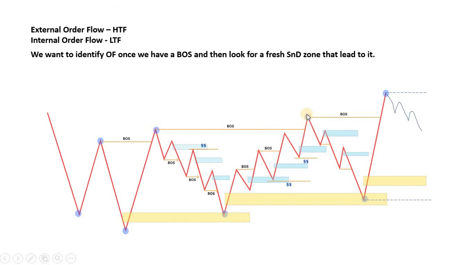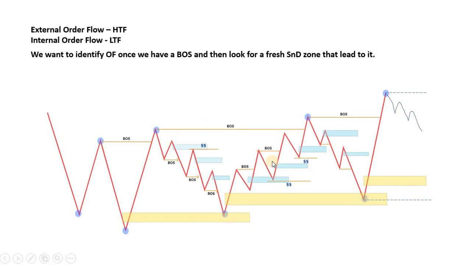Then we have another bullish break to form a higher high. When we have this bullish break, we look at the lowest point price got to before the break, and that's going to be our higher low. Then we have another break. We look for the lowest point price got to, and that is going to be our higher low.